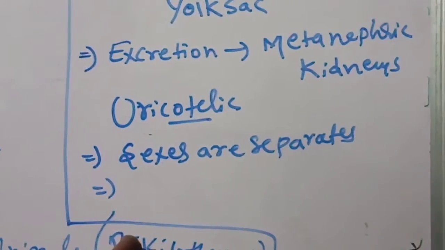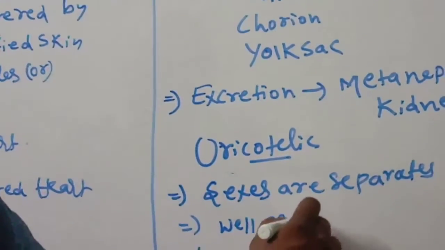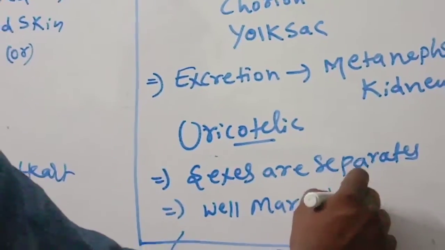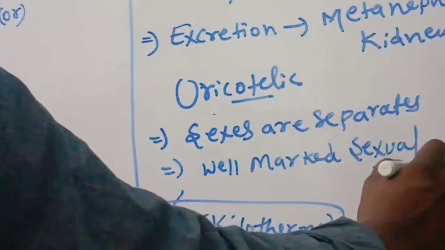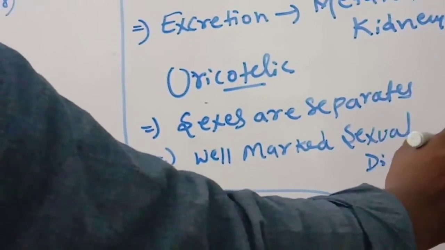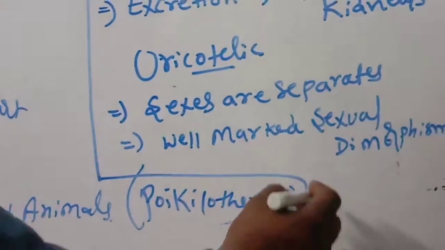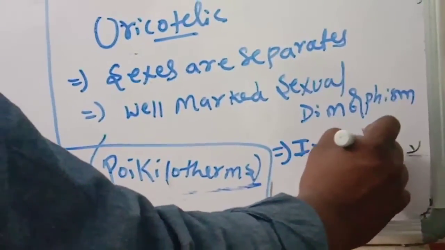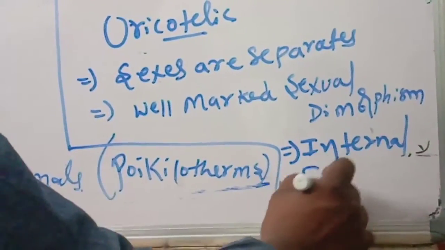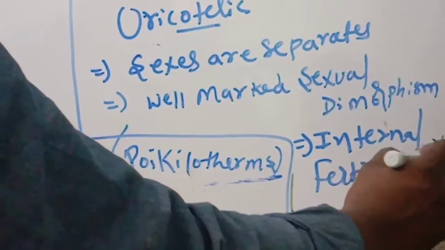And the next one is well-marked sexual dimorphism. This point you should remember. So which kind of fertilization? Internal fertilization takes place.